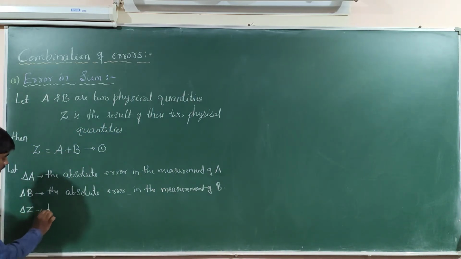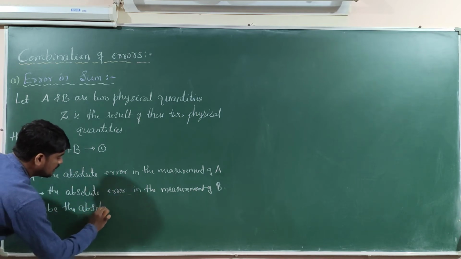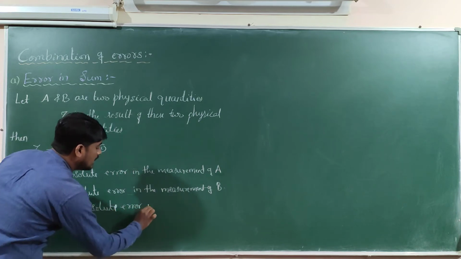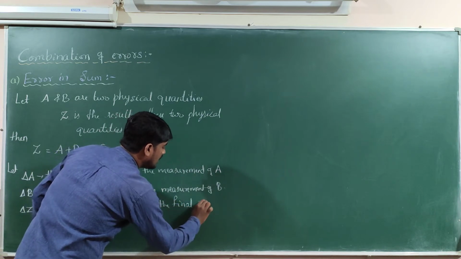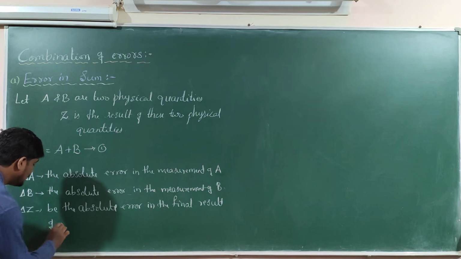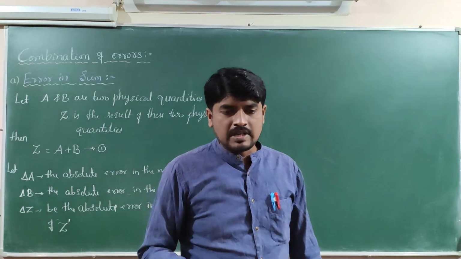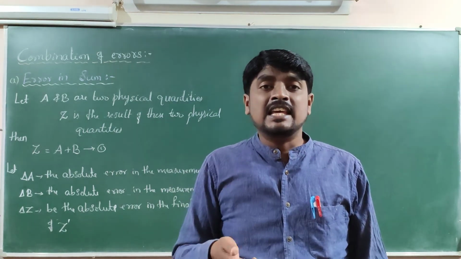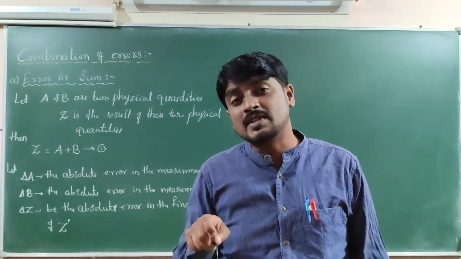Delta Z be the absolute error in the final result of Z. That means when I was calculating the value of A, it either increased or decreased. I don't know how much it is increased or how much it is decreased.